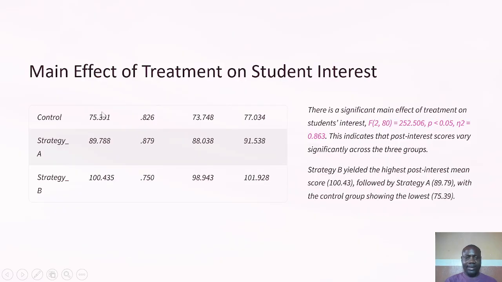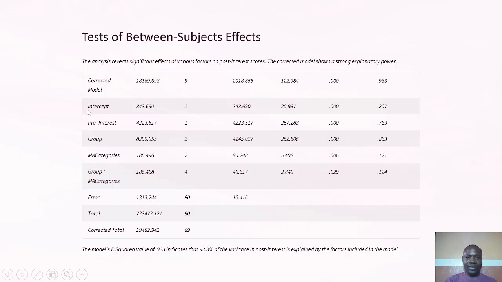The first part of these results, which I want you to follow with the cursor, is the pre-interest. This is how the result is: the corrected model, the intercepts, the pre-interest, and so on.